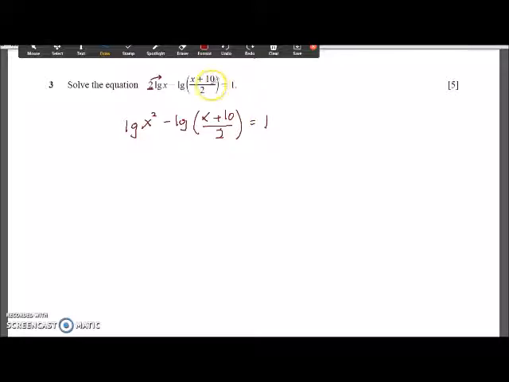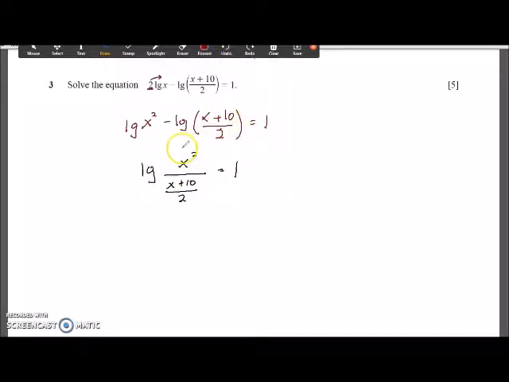When you have a minus over here, it means it is a divide. So next step is log, we divided with x plus 10 over 2. And this could be inverted.